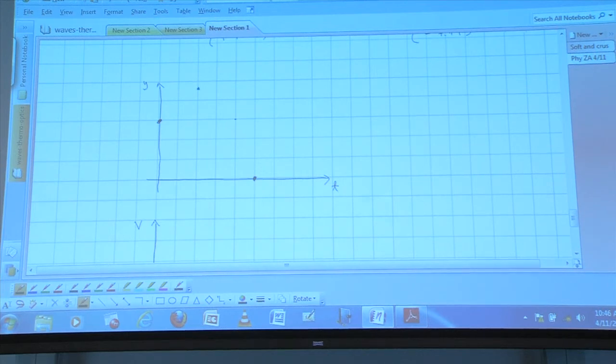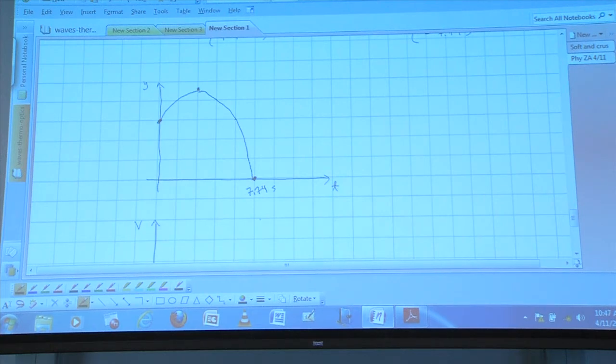So it goes up, hits a maximum height, comes back down, and goes through that point there. So the curve would look something like this. This time we know is 7.74 seconds.